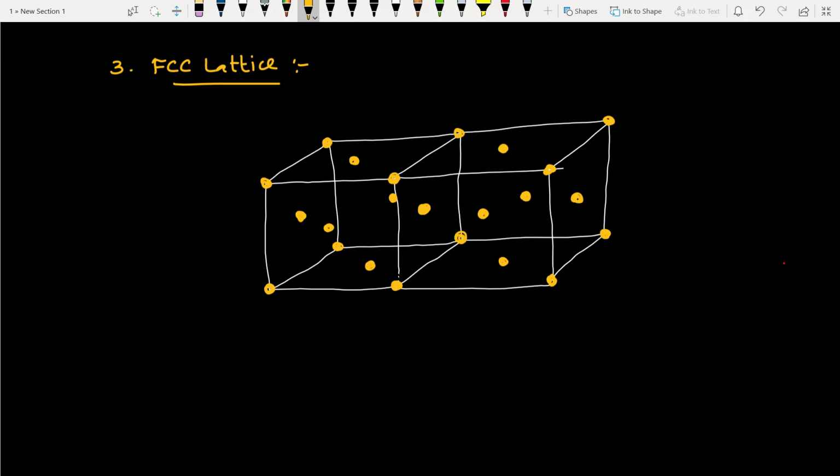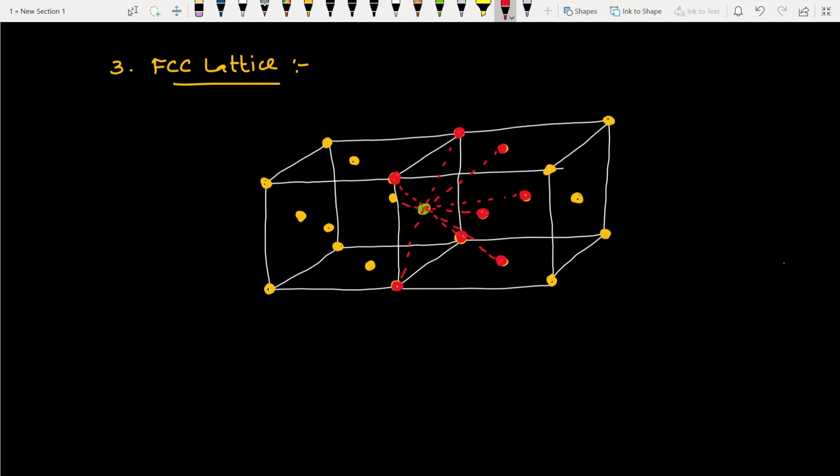So now we are to find the coordination number. For the coordination number, we are to select one central atom. Now we try to find its nearest neighbors. 1, 2, 3, 4. 4 are the nearest neighbors. Then 5, top face, 6, 7, 8.